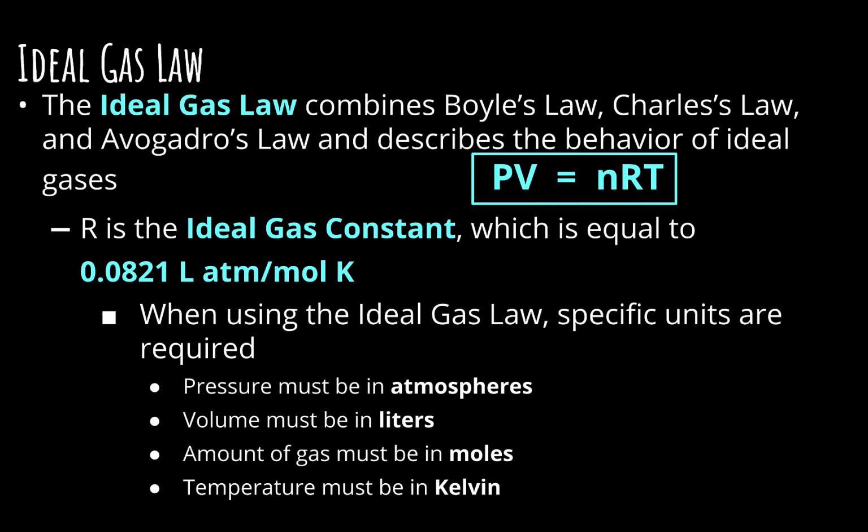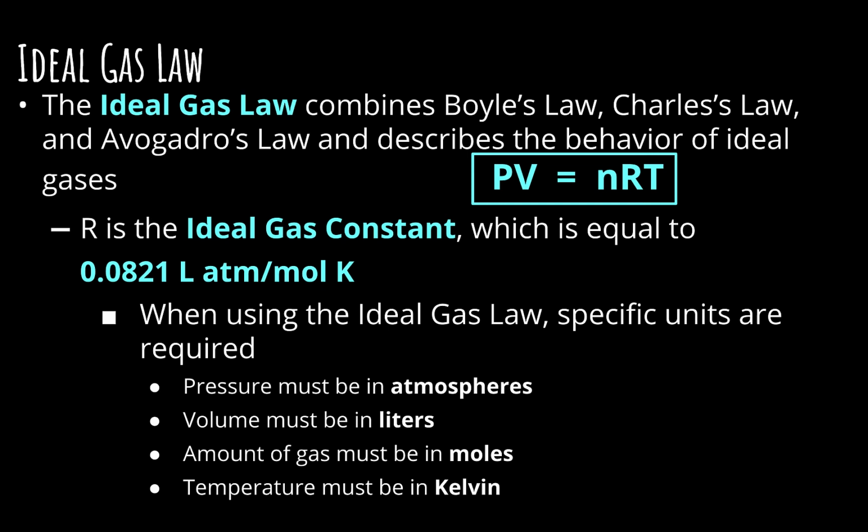P is pressure, we've already talked about, V is volume, n is number of moles, T is temperature. R is a constant called the ideal gas constant, and that value is always equal to 0.0821 liter atmospheres per mole Kelvin.